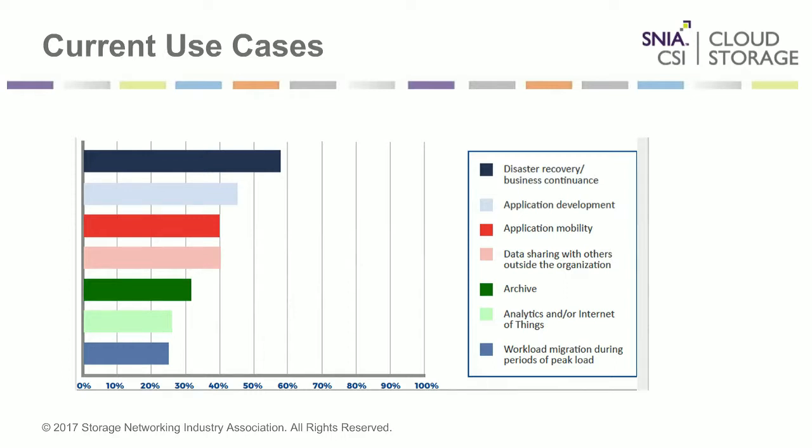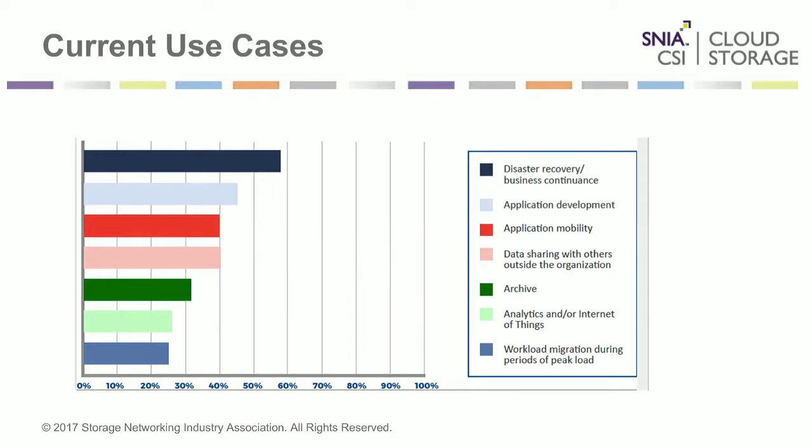So here are the use cases that we saw as users progressed through the survey, answering questions. One asked people what their current use cases were for private cloud or hybrid cloud.